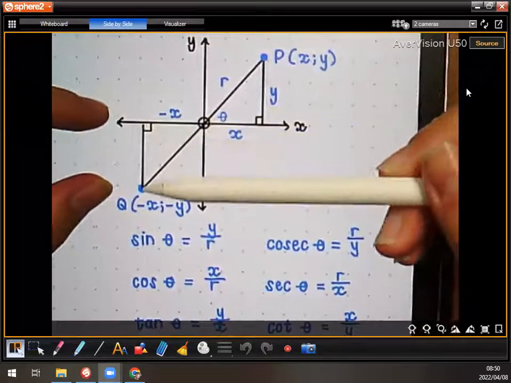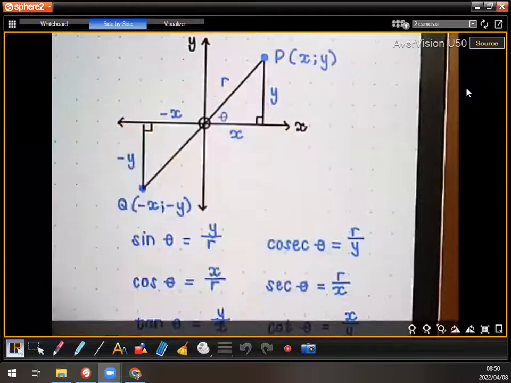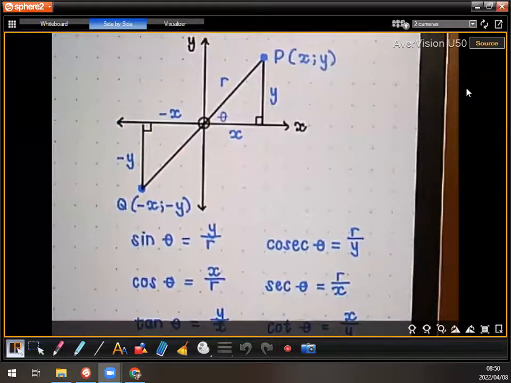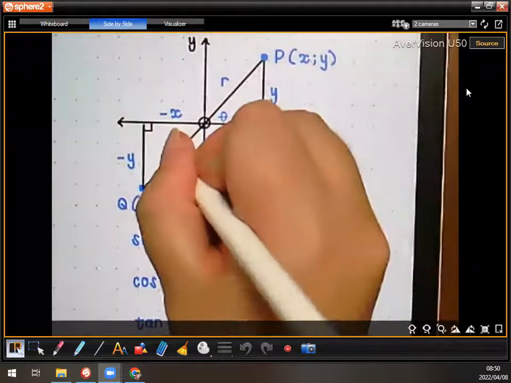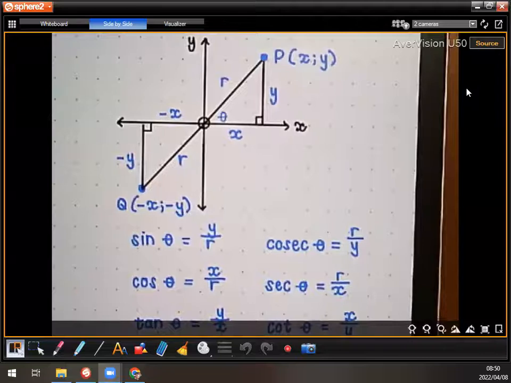But because it's on the negative side of the y-axis, we would have to use -y for that length. The only thing that will never be negative is this r value, the hypotenuse. That one will always be positive, regardless of which y.